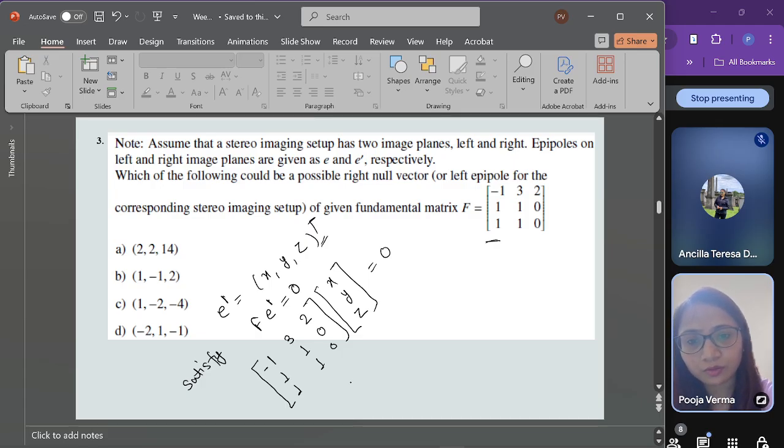So the first equation is minus X plus 3Y plus 2Z equal to 0. The next equation is X plus Y equal to 0, because we are multiplying the first row with this column for equation 1, the second row for equation 2, and the third row for equation 3.